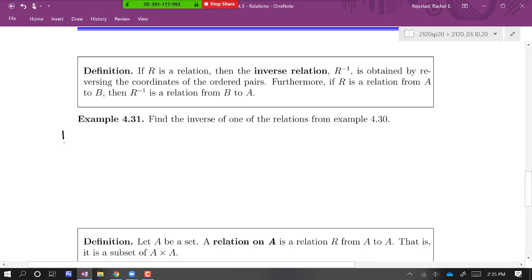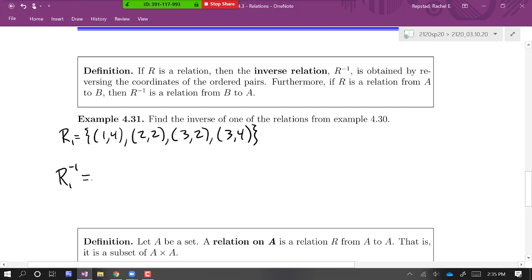So in the previous example on R1, we had (1, 4), (2, 2), (3, 2), (3, 4). The inverse relation, which we denote with the superscript -1, just like we did with the inverse functions, we're just going to reverse each of these ordered pairs.